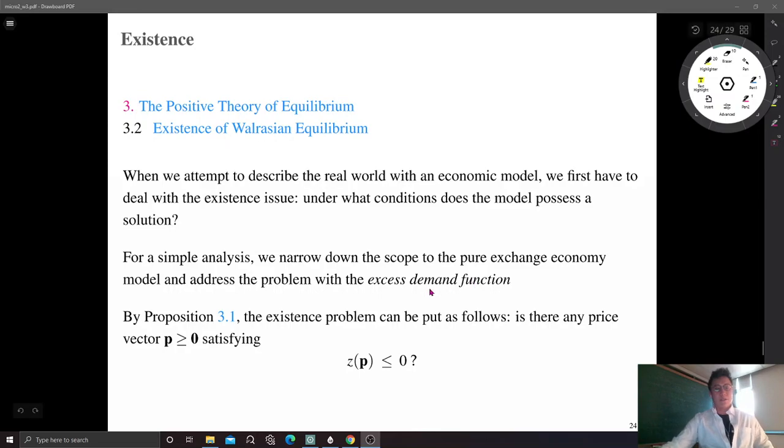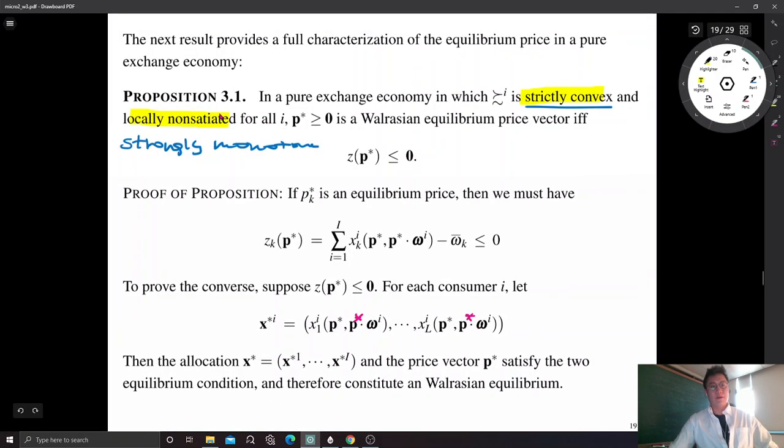All right, so the starting point is proposition 3.1. So let me go back to 3.1. It tells us that in an exchange economy where the preference relation is strictly convex and locally non-satiated, a price vector P is going to be a Walrasian equilibrium price vector if and only if the excess demand function takes a non-positive value.